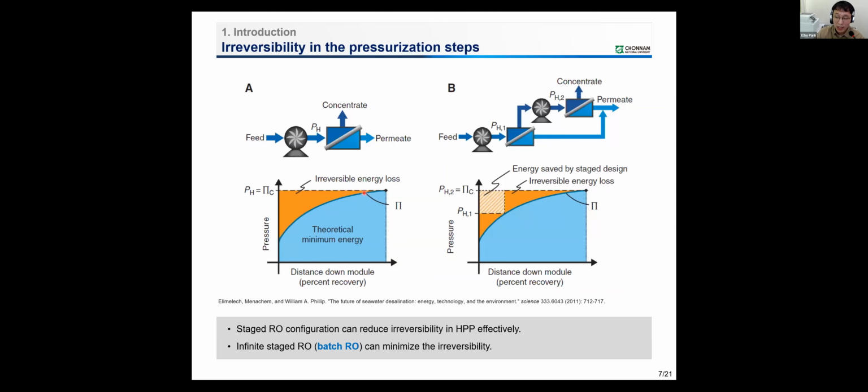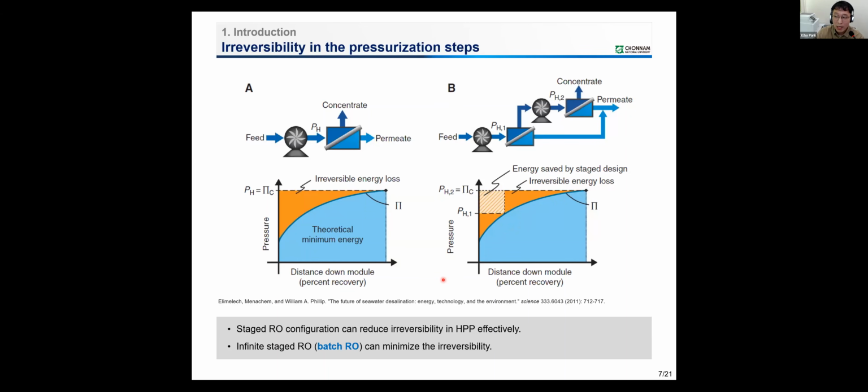If we split the pressurization step in this manner, we can reduce the energy consumption by minimizing the irreversibility, even though we have to think about the additional installation cost and operational issues in this kind of two-stage RO configuration. Anyway, we can reduce the energy consumption by reducing the irreversibility.